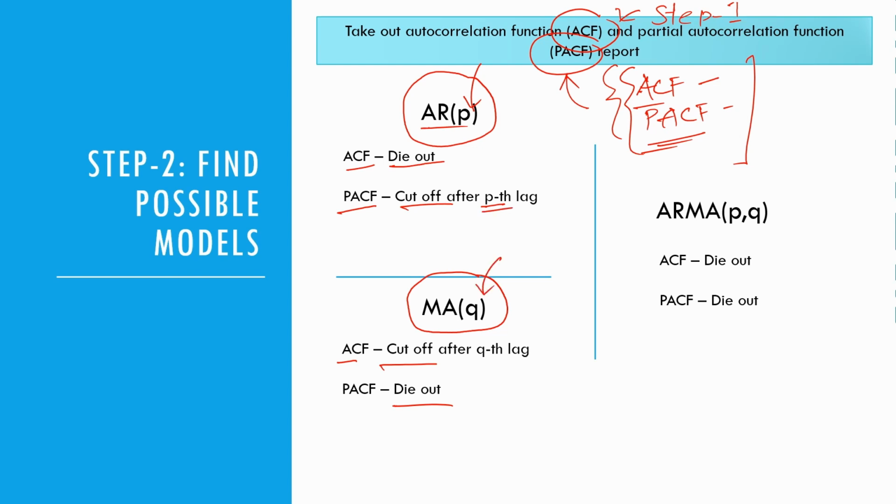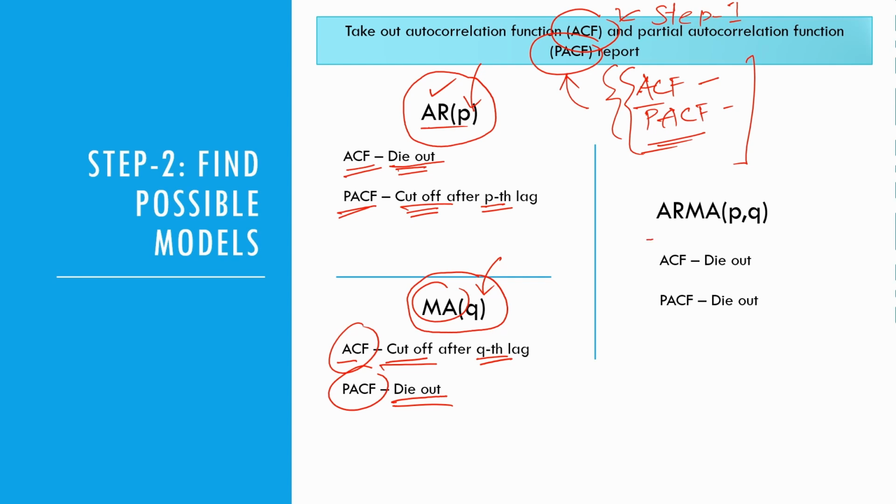And if it is MA(q), then the cutoff will be at the qth lag. Remember, the situation is exactly opposite. In case of AR models, you get the dying out behavior in ACF and cutoff behavior in PACF. And in case of MA models, you get the cutoff behavior in ACF while the dying out behavior in PACF. So remember this.